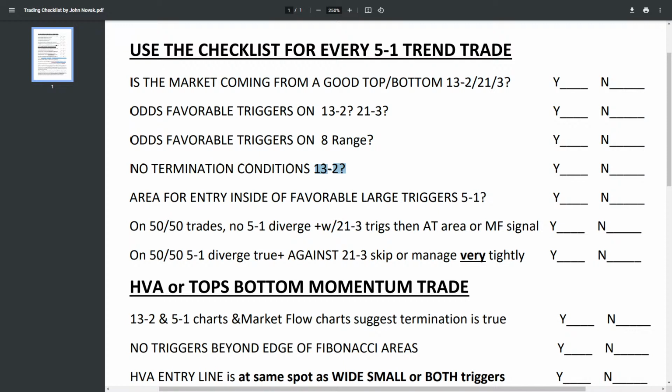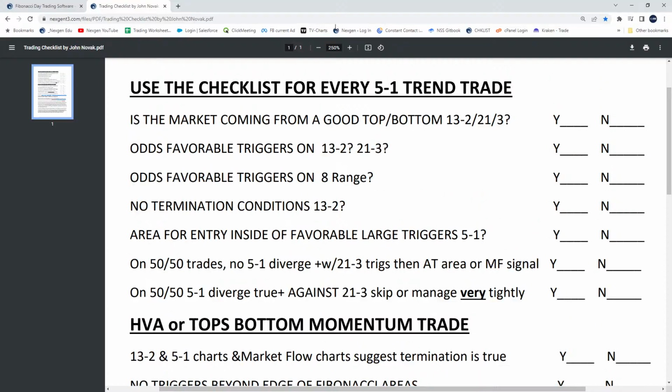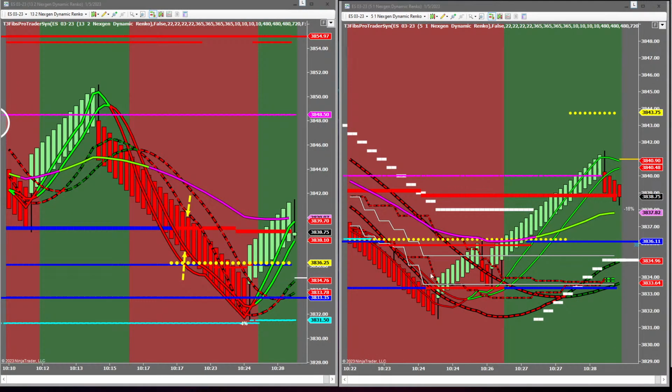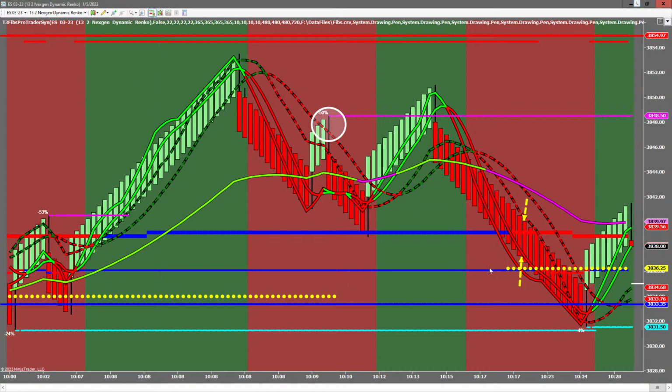Now, for a trend trade entry, you guys already know this stuff, right? What fib support or mid band or 1-to-1s or whatever is in between the large triggers on the 5-1 chart? I'm not sure I understand that 100%. You're saying, well, look, before this is where the odds favorable triggers were. I drew the arrows.